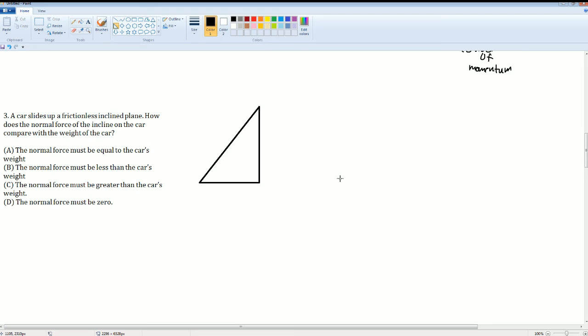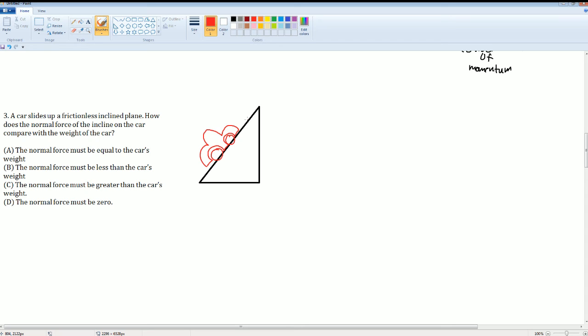Here's the car, let me just draw the car real quick. It drives on a frictionless inclined plane. How does the normal force of the inclined plane compare to the weight of the car?